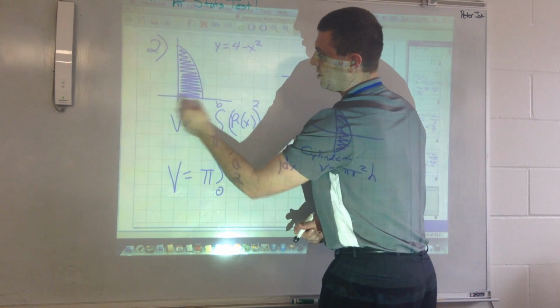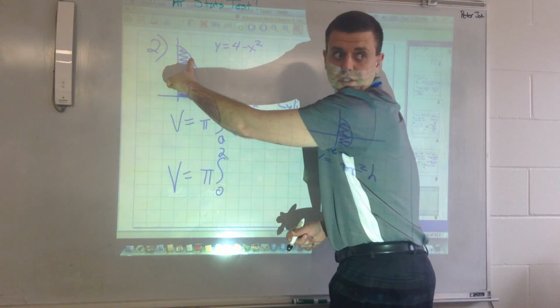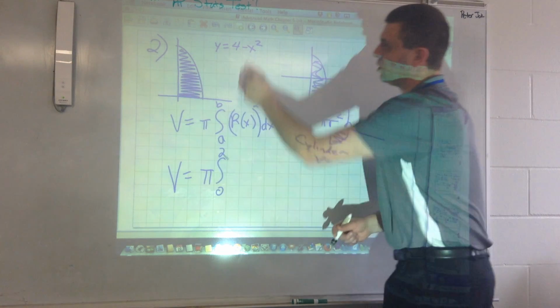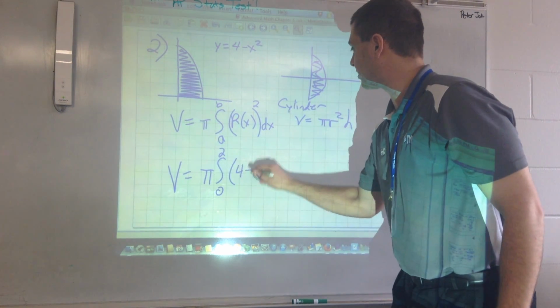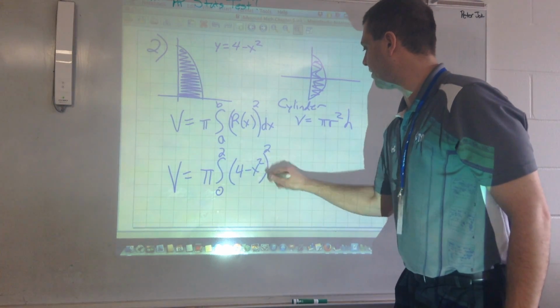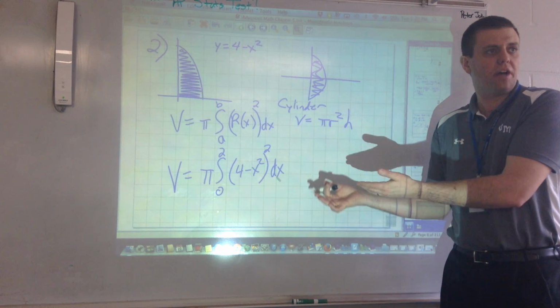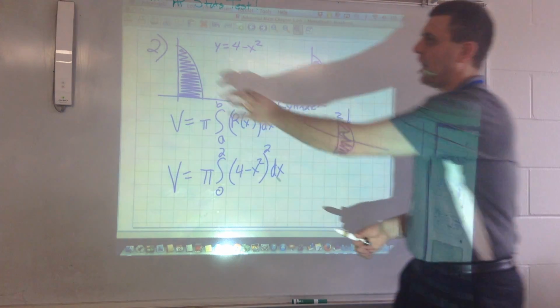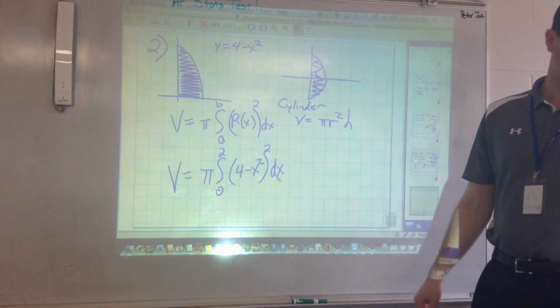Well, it depends what x is. If x is 1, plug in a 1 here, then your radius is 3, right? So that's why it's just that value. So 4 minus x squared, squared, dx. This is what you need to evaluate to find the volume of that three-dimensional solid rotated about the x-axis.